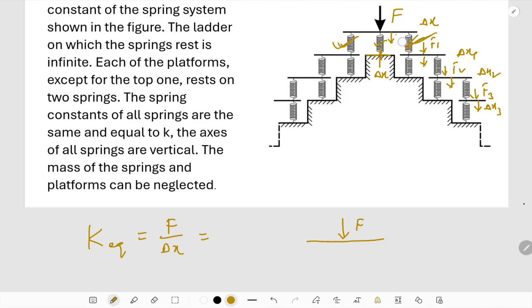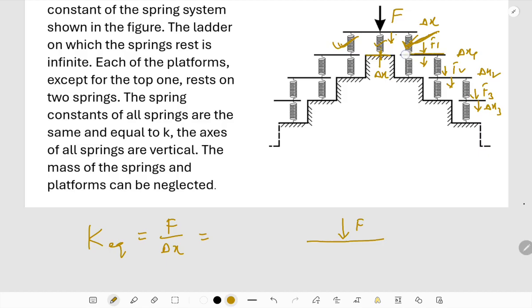This right spring is getting compressed by an amount delta x from above, and after that the platform just beneath it moves by a length delta x1.